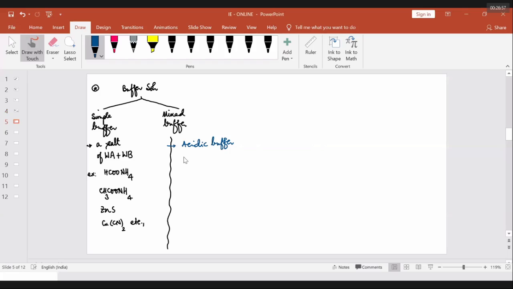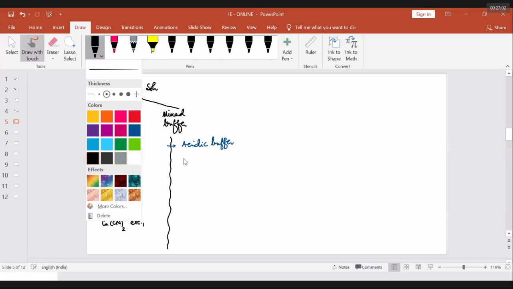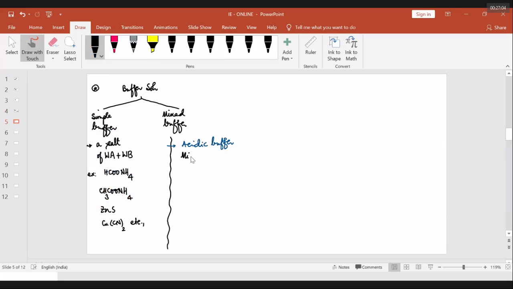What is acidic buffer? Acidic buffer is a mixture of weak acid and its salt with strong base.